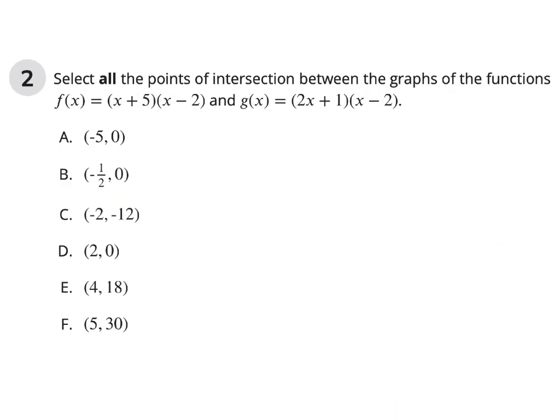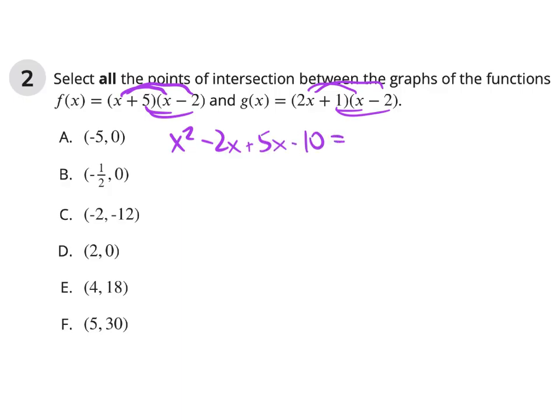Okay, let's look at problem number 2. So we see we got two polynomials here. We got to multiply, so we'll draw our distribution arrows to help us remember. When we got 4 terms, we have to get 4 products. We get x squared minus 2x plus 5x minus 10.